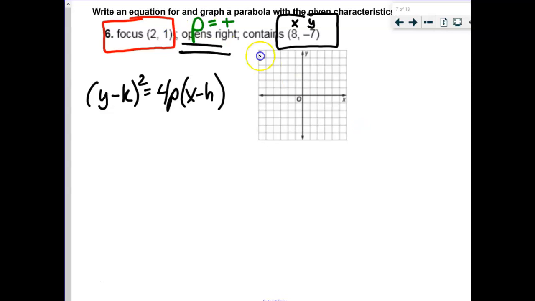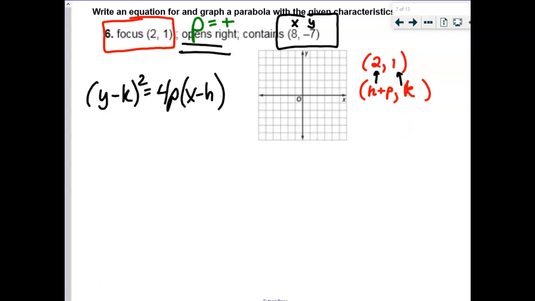So the focus is at the ordered pair 2, 1, given to us. Can somebody tell me the formula for the focus on a sideways parabola like this? H plus p, comma k. Yep. So here's what I just learned. K is 1. And I also just figured out that h plus p is 2.